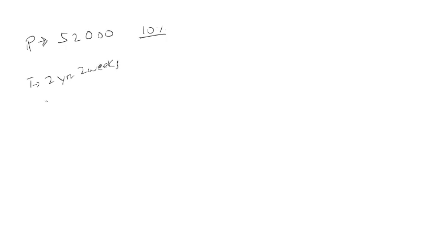How to find this? It's very simple. See, principal is 52,000, rate of interest is 10% per annum. You have to find the compound interest for 2 years 2 weeks.